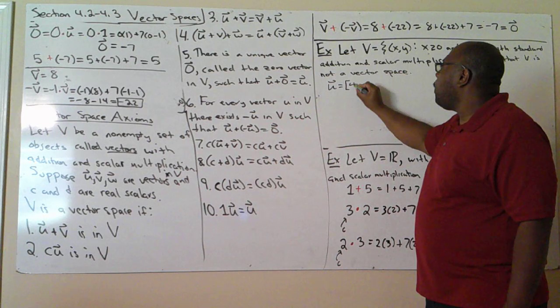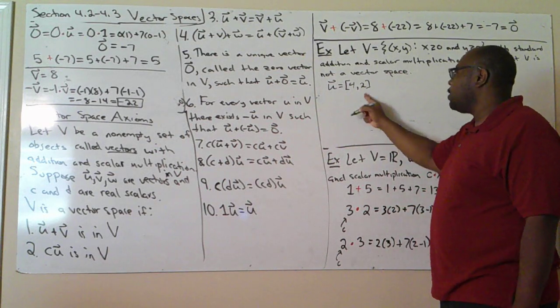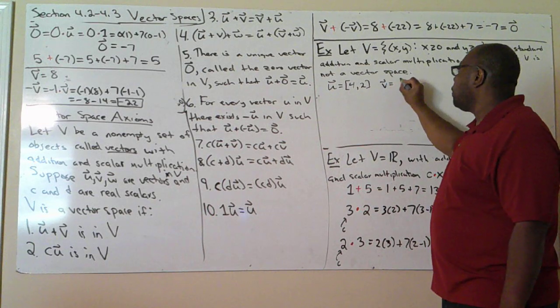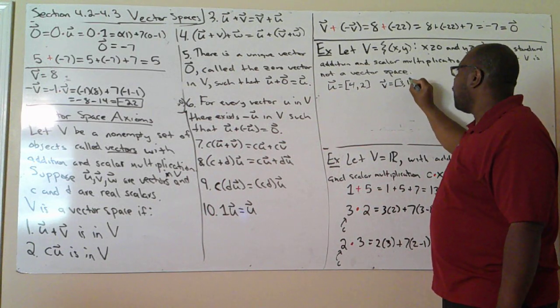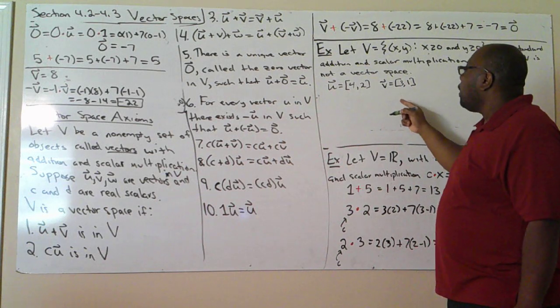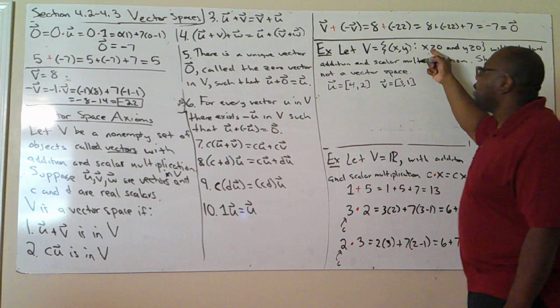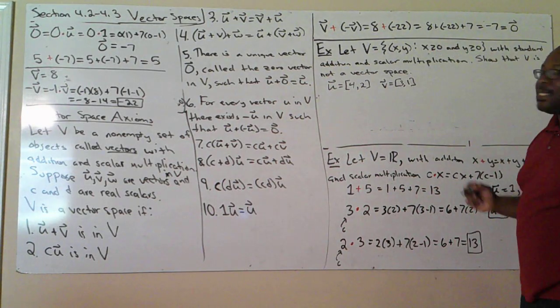So I can use 4 and 2. These both are greater than or equal to 0. And I'll choose 3 and 1. And these are both greater than or equal to 0. Now, I cannot choose -3 or -1, because then that would break the condition that I have on my set.